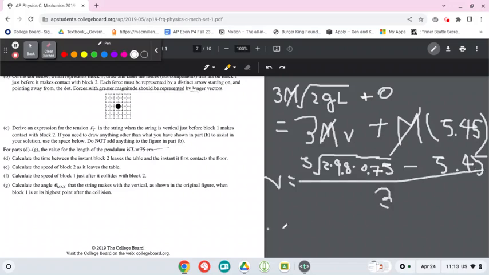Then you plug that in, and that ends up equaling 2.06 meters per second. And 2.06 meters per second ends up being our answer for part F.